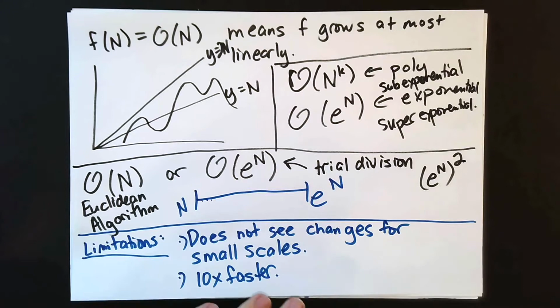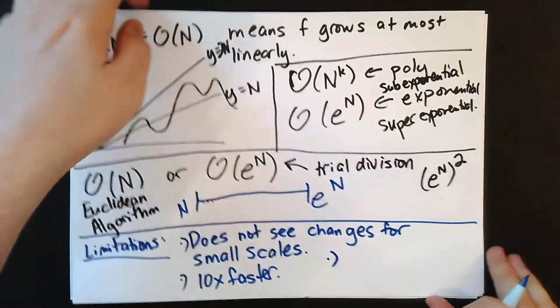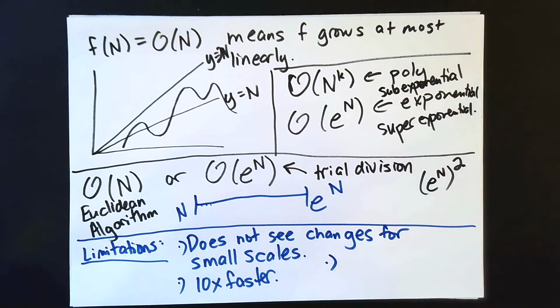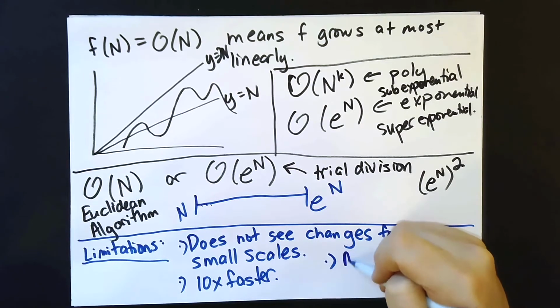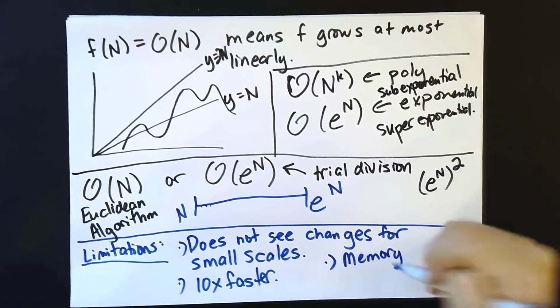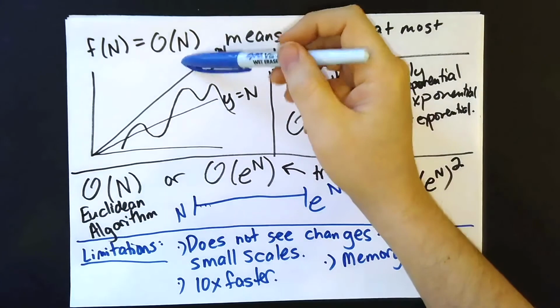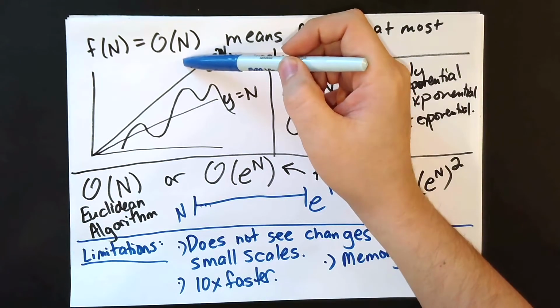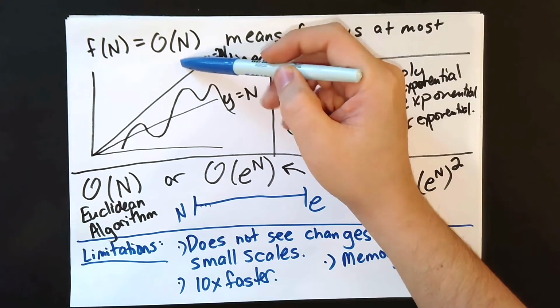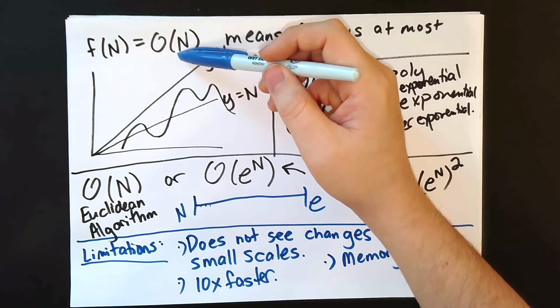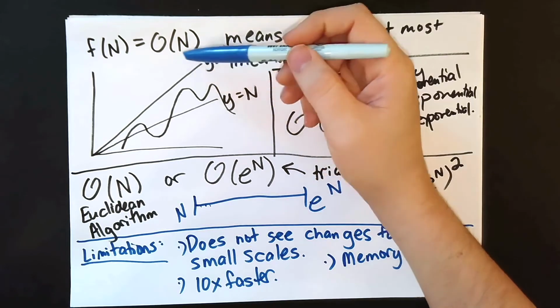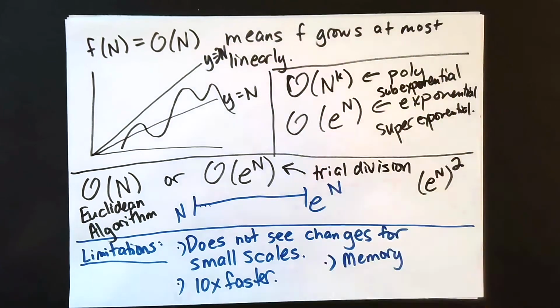Also, in the process of focusing on running time, we have neglected the fact that algorithms have lots of other qualities that we might like to optimize. So one of those is memory. I might be able to make an algorithm go from taking up a large amount of memory to taking up a small amount of memory, and that might not affect the running time at all, or it might even make the running time a bit worse, but still, the trade-off might make it far better for all practical purposes.